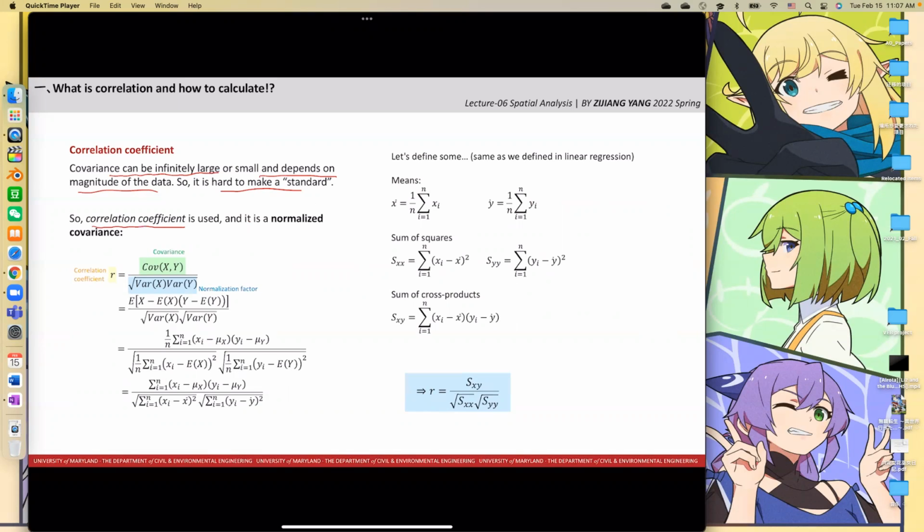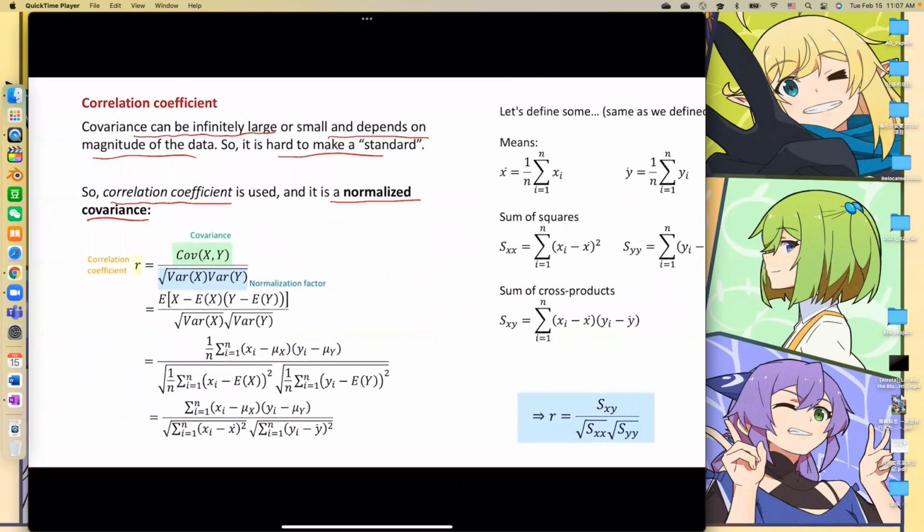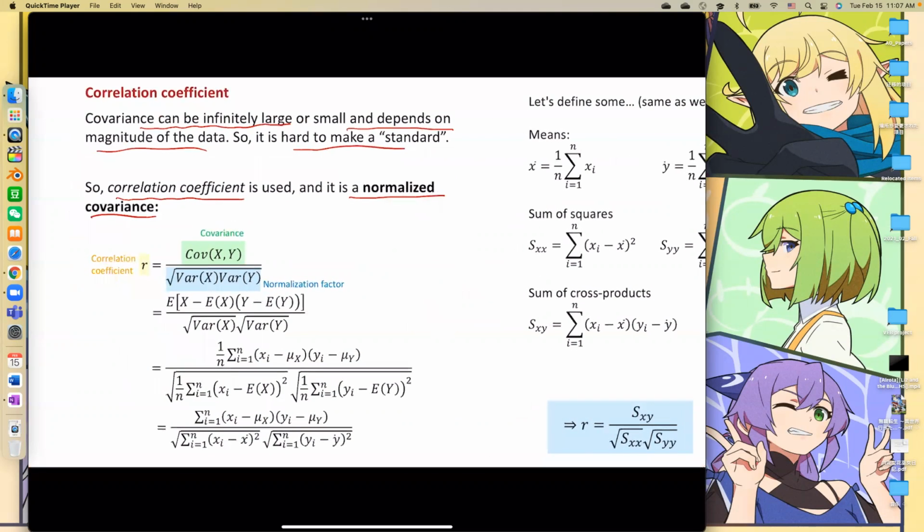Basically, the correlation is a normalized covariance. And how do we do the normalization? We can just focus on the left part. The correlation coefficient is defined as R, and it equals the covariance divided by this part.